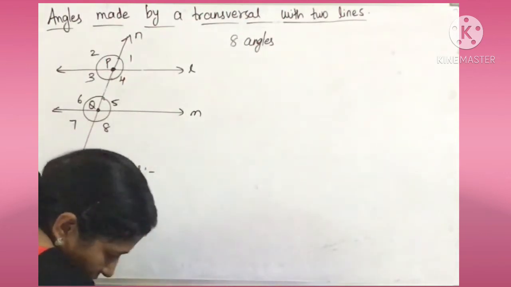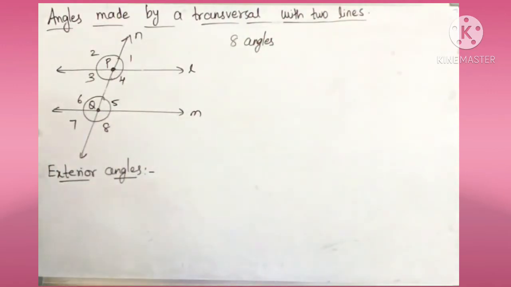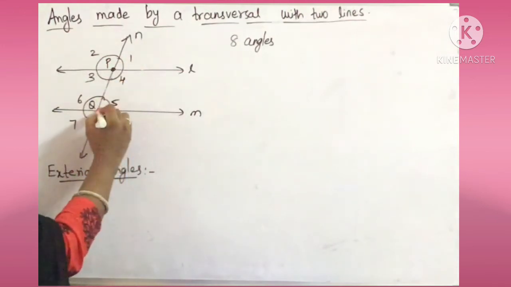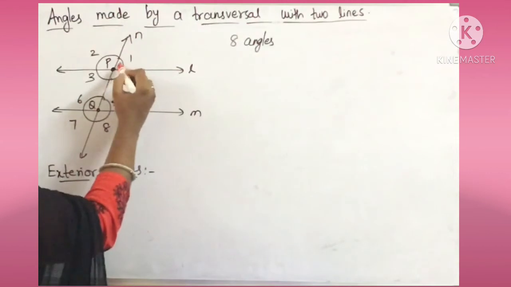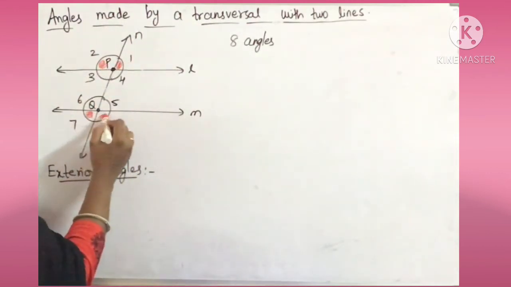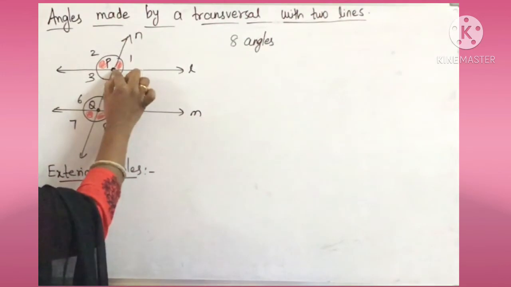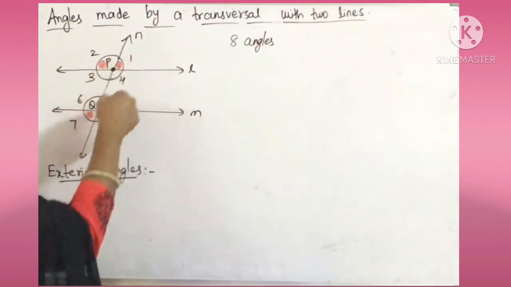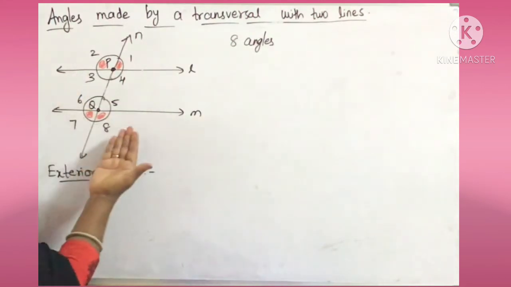If you observe, they are the angles whose arms do not include the line segment PQ. Here the line segment PQ is from here to here. Angles 1, 2, 7, 8 do not include the line segment PQ. So the angles which do not include the line segment PQ are exterior angles.